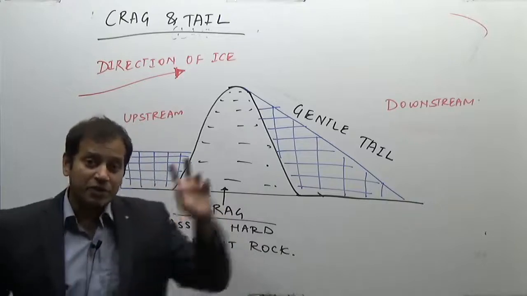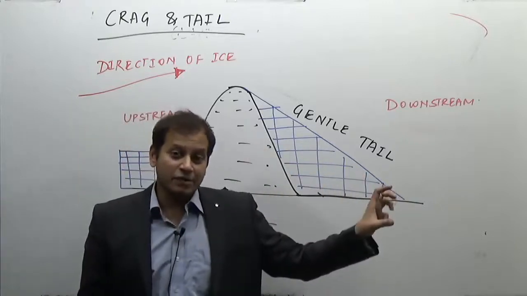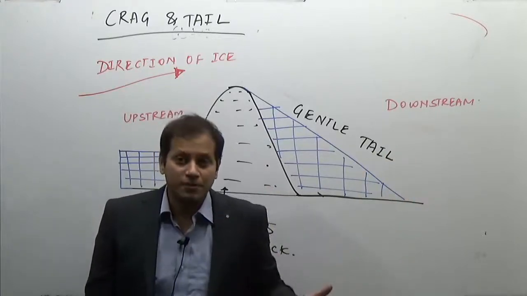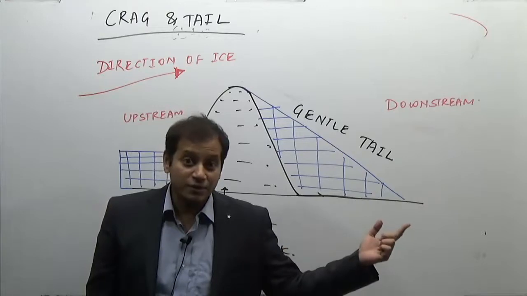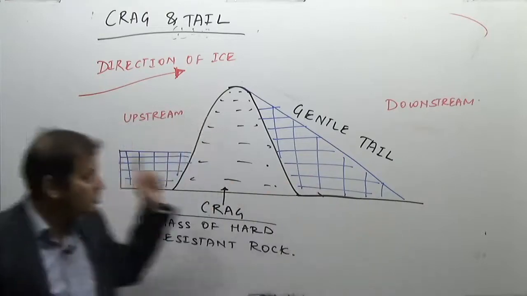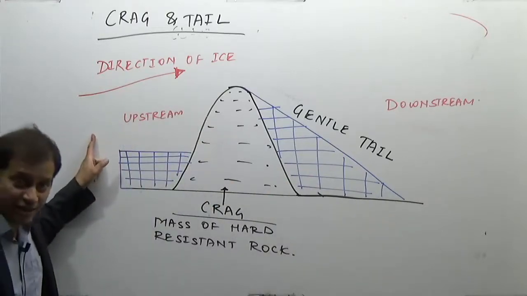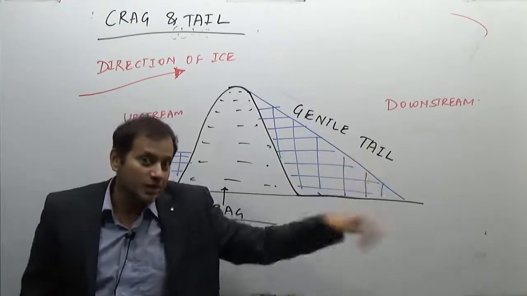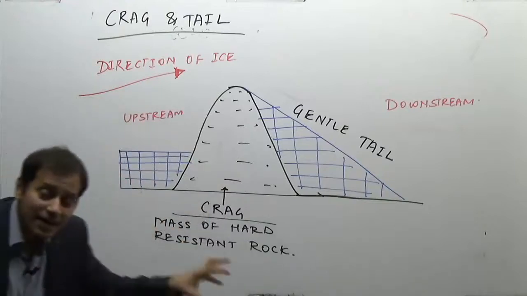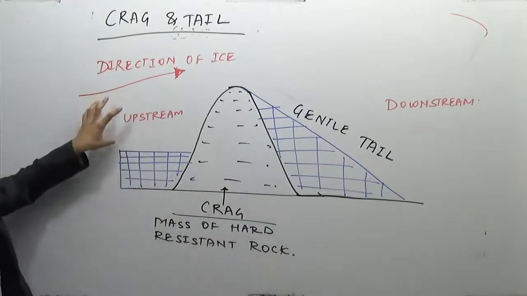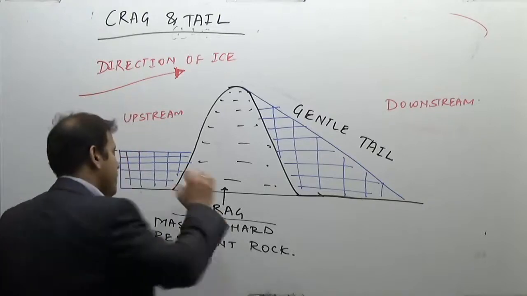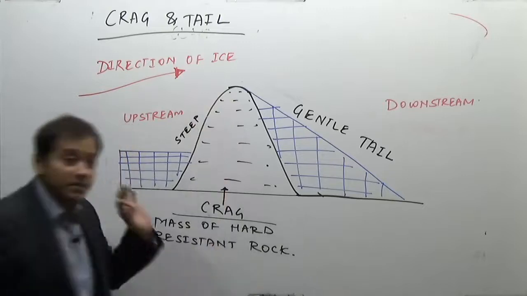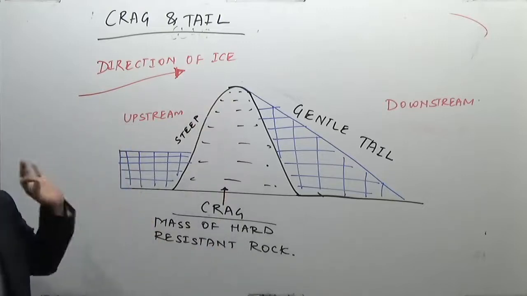What is the difference between Roche moutonnée and crag and tail topography, from the point of view of a general observer? Rewind your lecture if you want. In Roche moutonnée, the upstream side is gentle while the downstream side is steep. Here it is exactly opposite. In crag and tail topography, the upstream side is extremely steep, while the downstream side has a gentle tail.